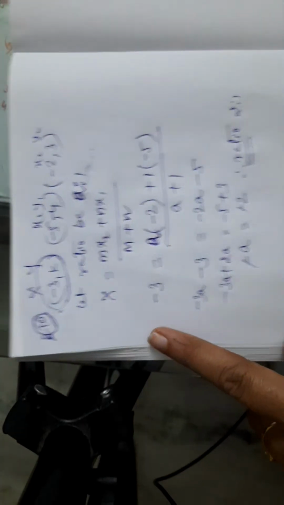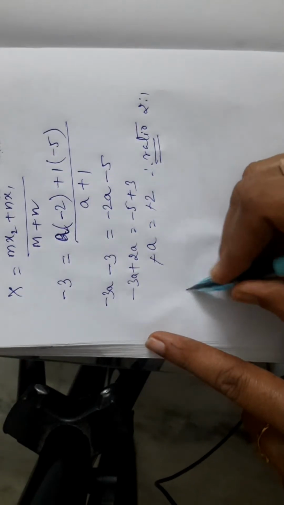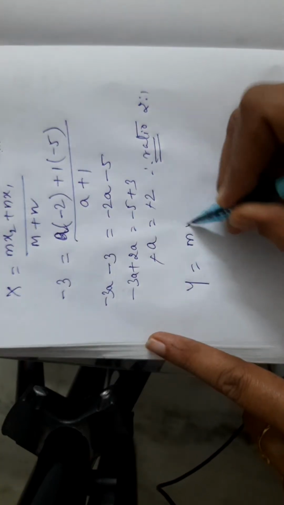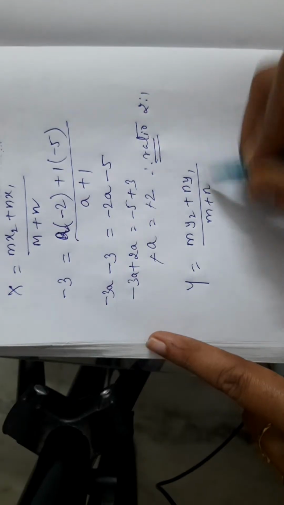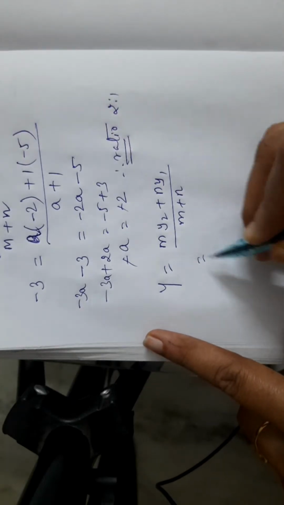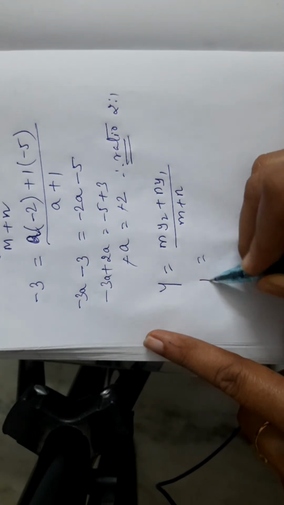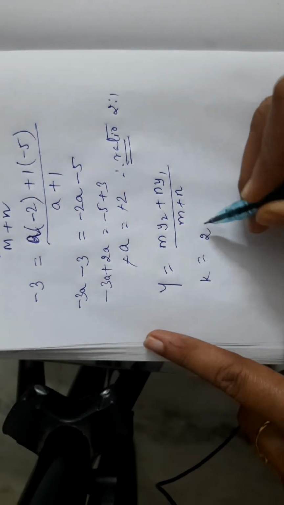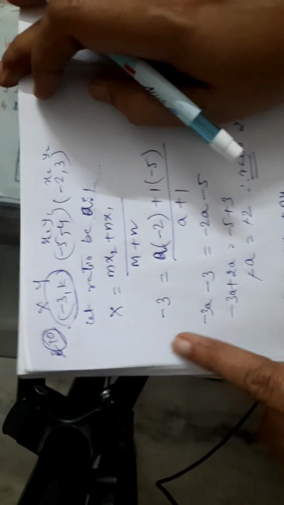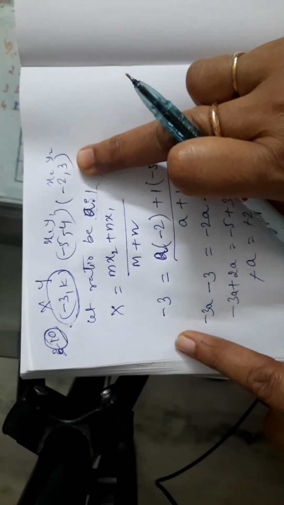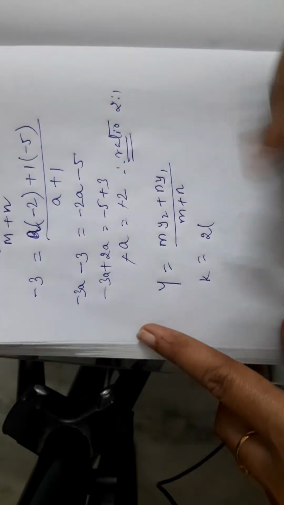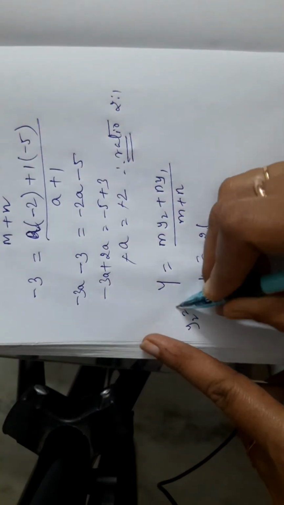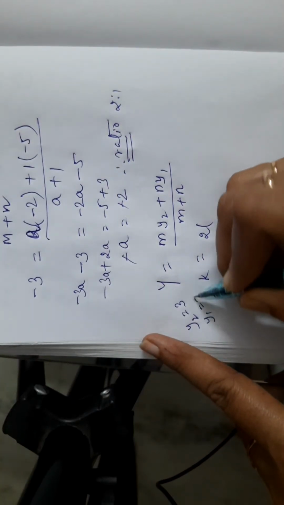coordinate. So let's put everything in the y formula. Capital Y is (m y2 + n y1) whole by (m + n). Now Y is K here, m we got 2, y2 is given 3 and y1 is -4.